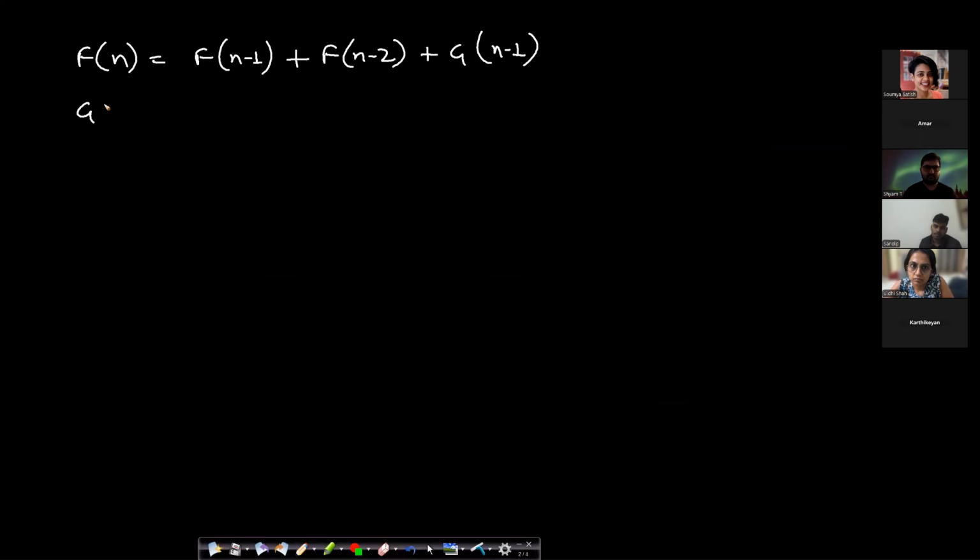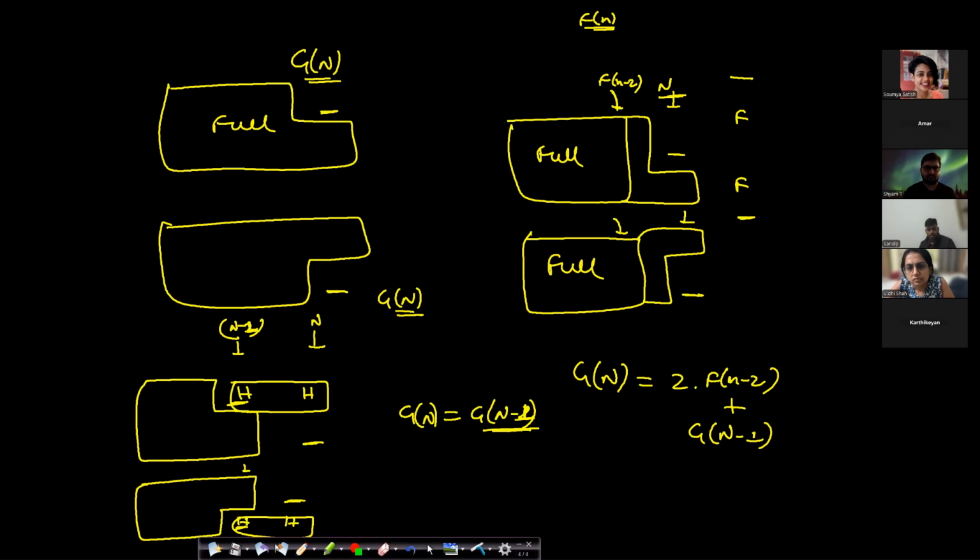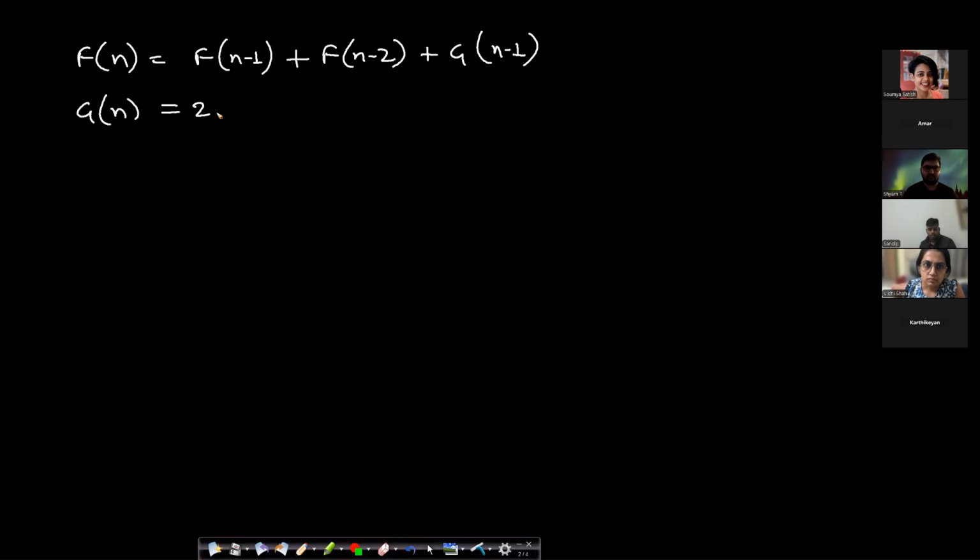This is the first recurrence relation, and g of n is equal to 2 times f of n minus 2 plus g of n minus 1. Two recurrence relations are done.